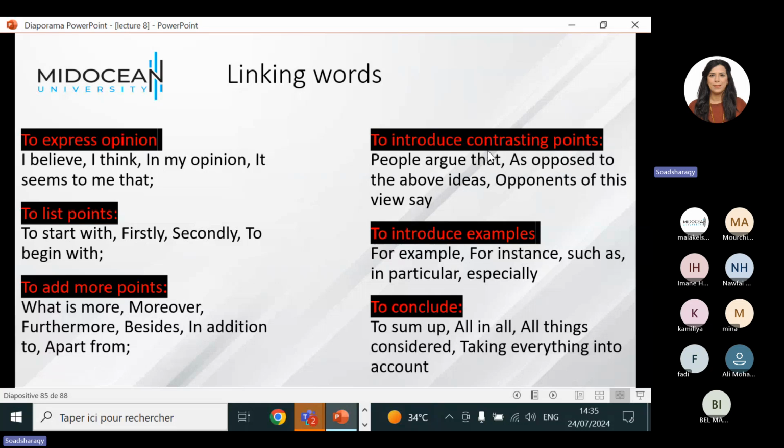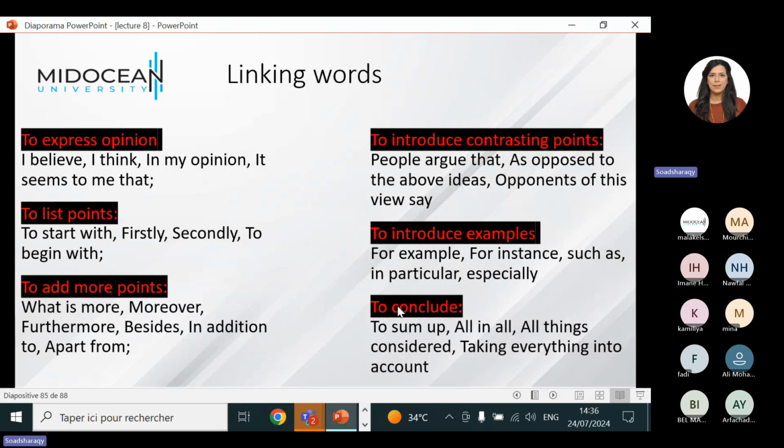Now to introduce contrast points or counter arguments, say people argue that, or as opposed to the above ideas, opponents of this view say. To give examples, you say, for example, for instance, such as, in particular, especially.